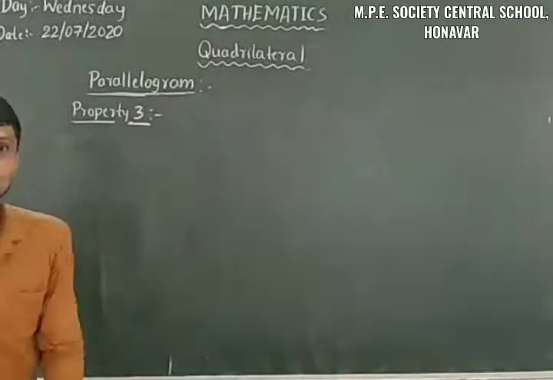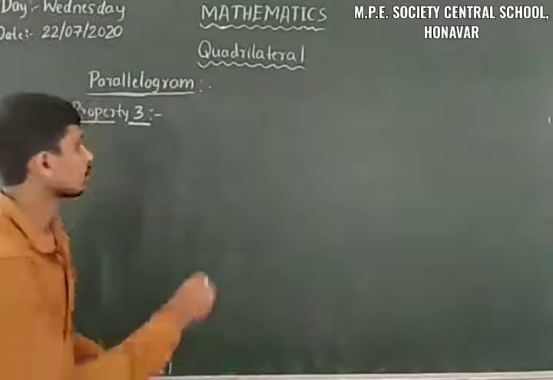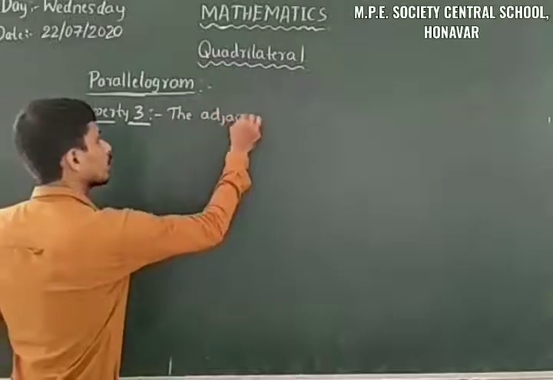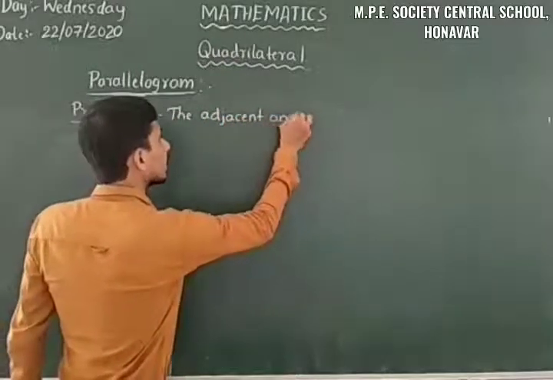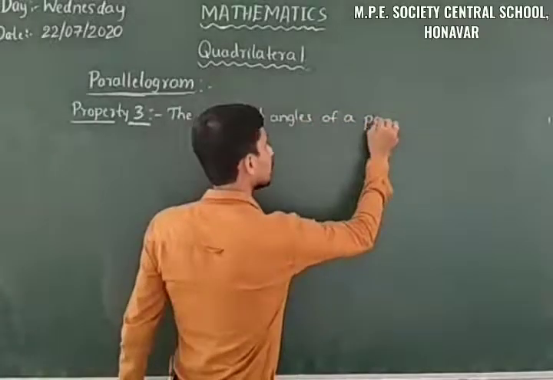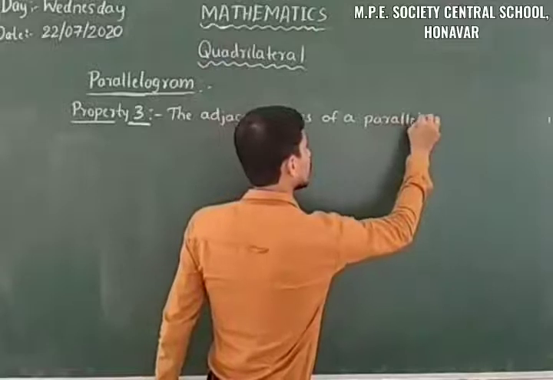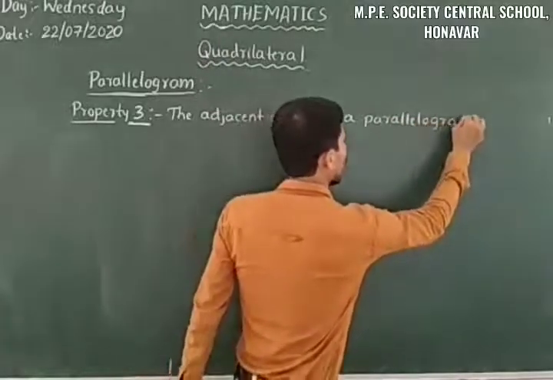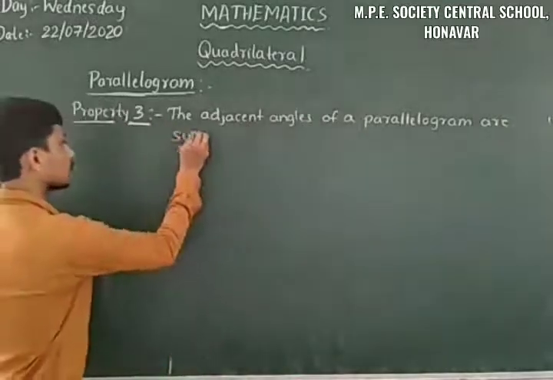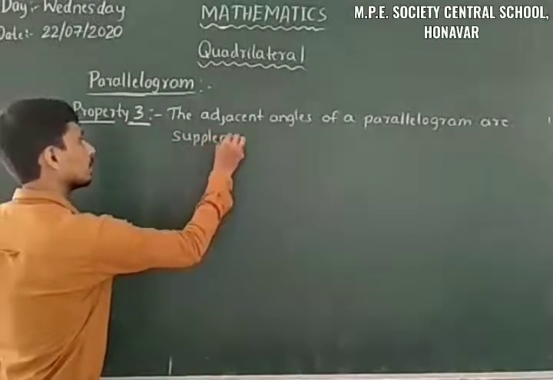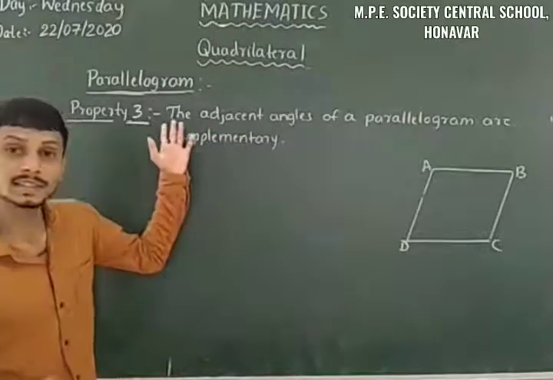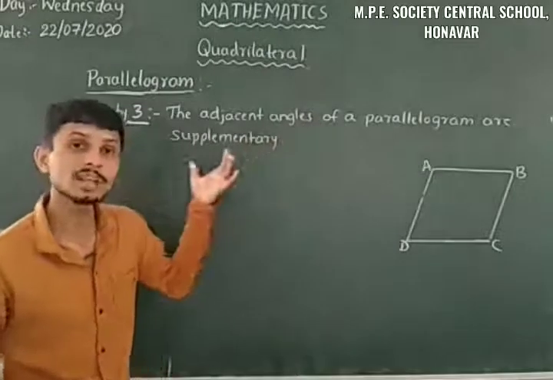That is, the adjacent angles of a parallelogram are supplementary. Property number 3 says that the adjacent angles of a parallelogram are supplementary.